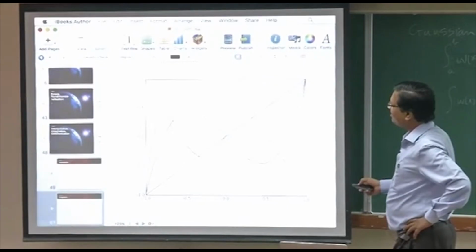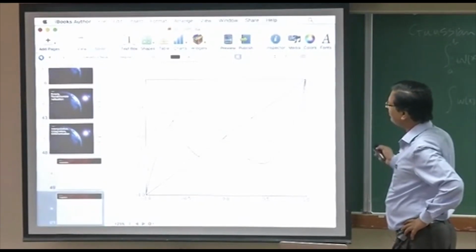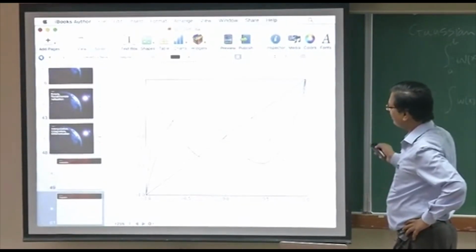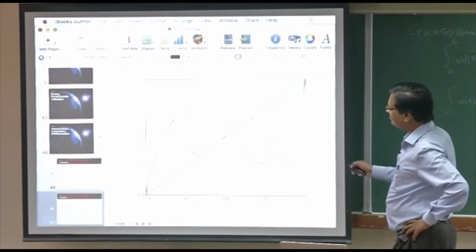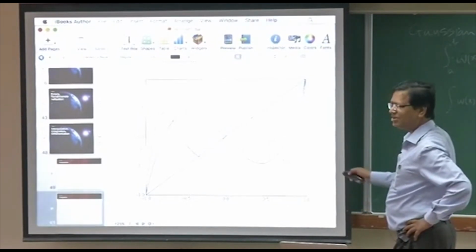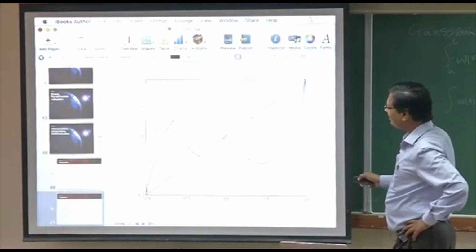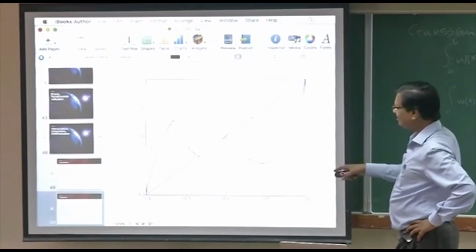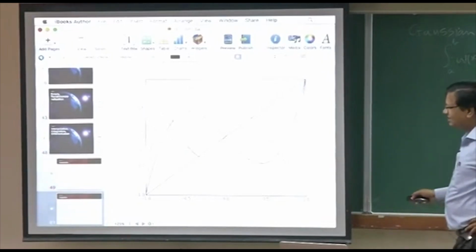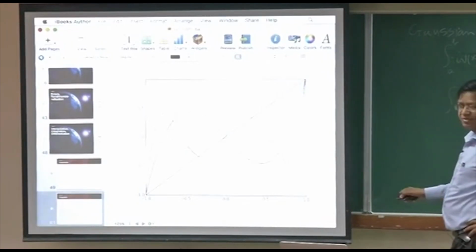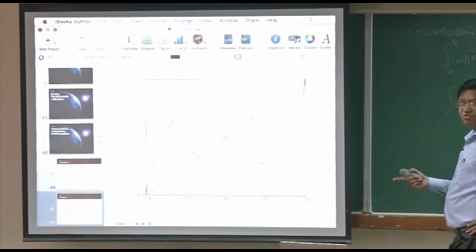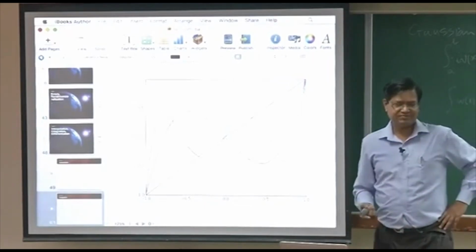I didn't plot phi 1; phi naught will be constant. This is phi 1, phi 2 is this, x squared minus 1, phi 3 is this one. There are quite a few of them, and they are defined from minus 1 to 1, so cos theta is 0 to cos theta equal to pi.